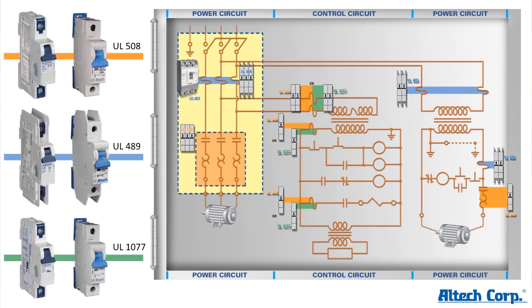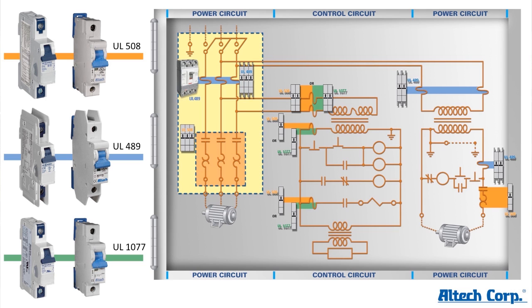So Altech has two different manufacturers' miniature circuit breaker lines in their offering. Both lines offer 3 different UL standard ratings. The main rating is UL 489. You can see in the upper or middle left-hand corner of the panel picture a large molded case circuit breaker, and then to the left of that, in the middle, is the miniature molded case circuit breaker.